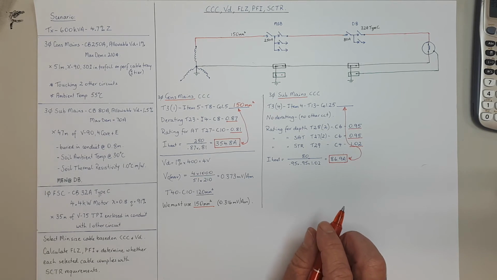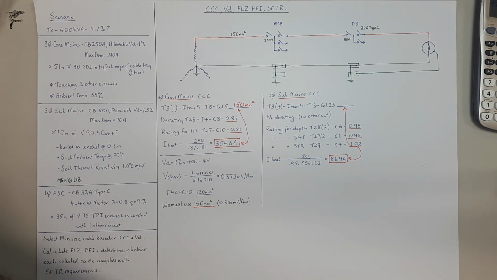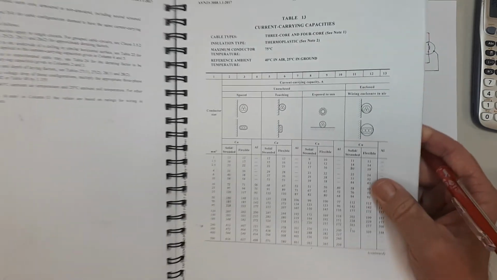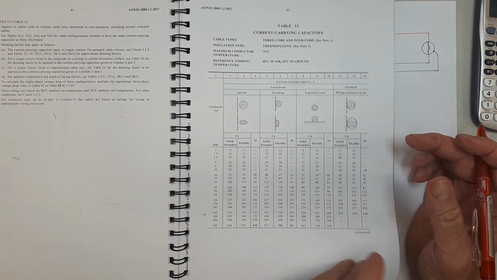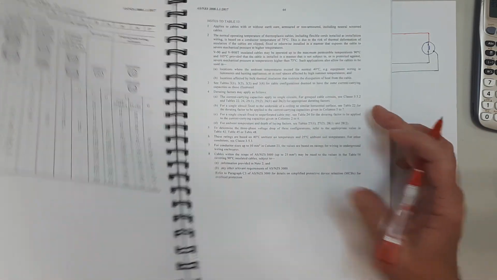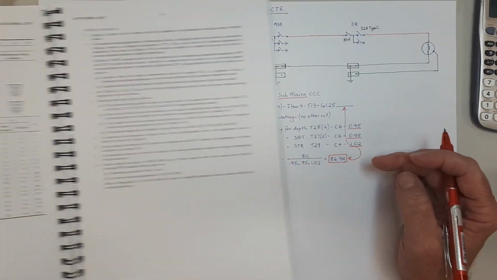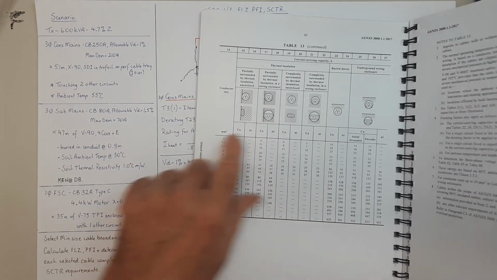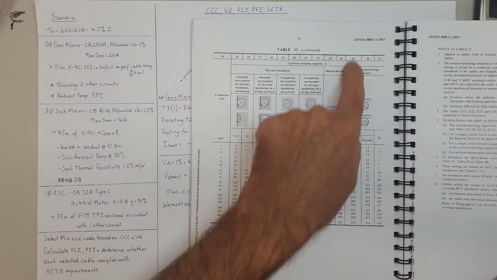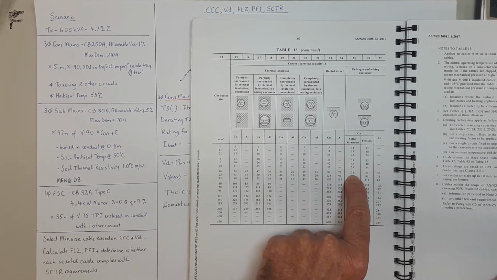And we find when we go to table 13, column 25, we'll have a look at that now. Table 13, as you can see, column 25, we're looking for 86.9 amps. And here it is, table 13, column 25. 73 is no good, 94 is what we want.